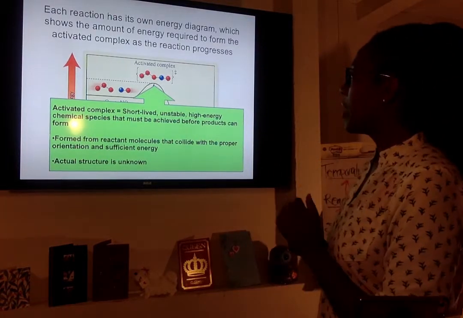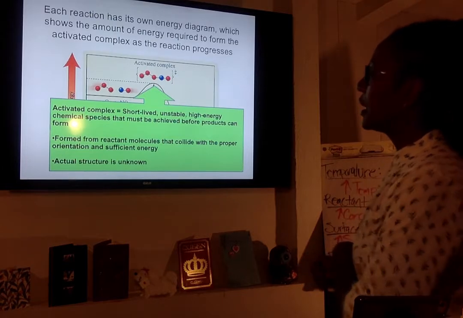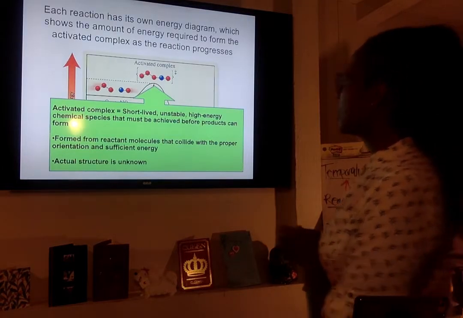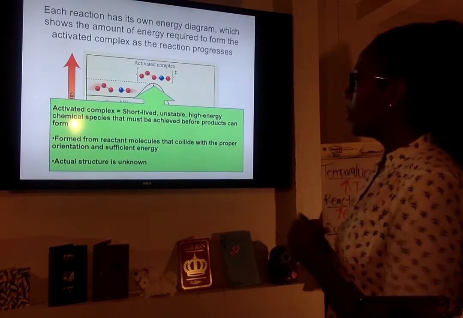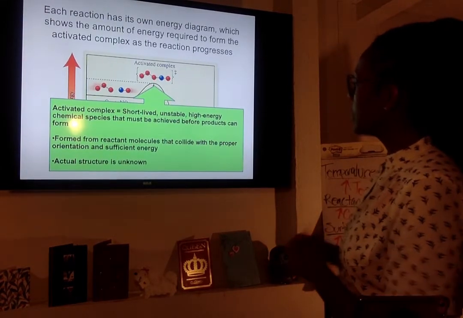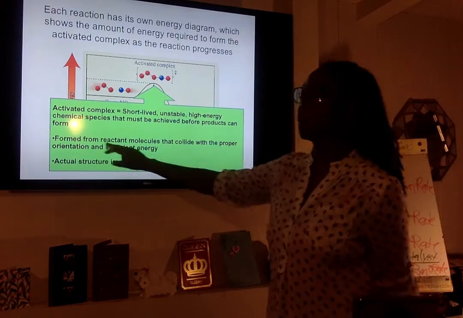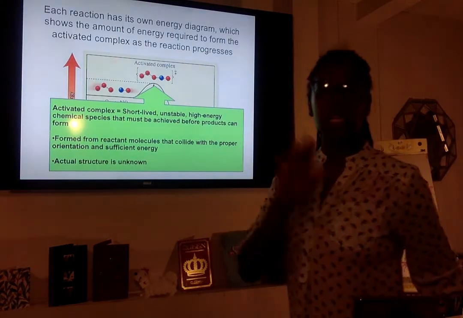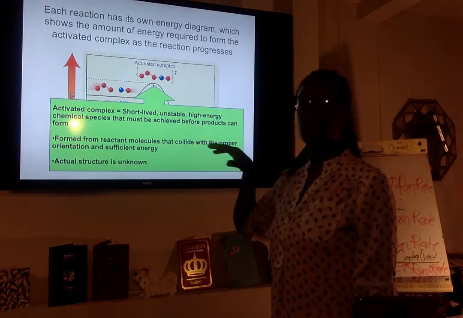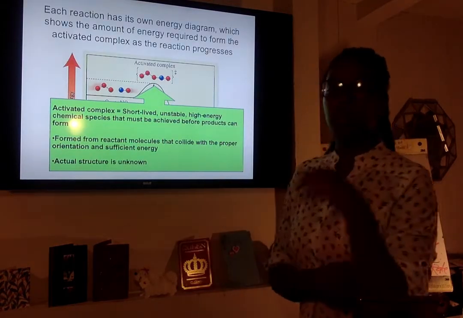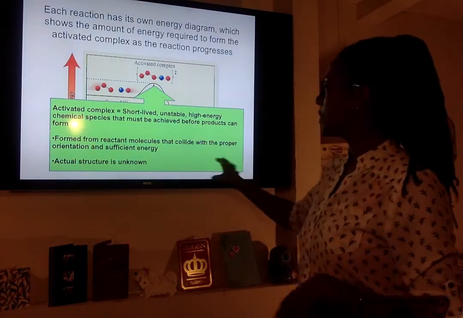So the activated complex is a short-lived, unstable, high-energy chemical species that must be achieved before products can be formed. It is formed from reactant molecules that collide with the proper orientation and sufficient energy. So following the collision theory, that's how they collide, and that's how the products are formed, because that's the definition.